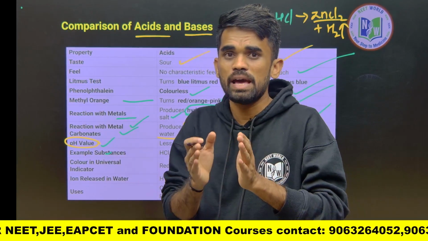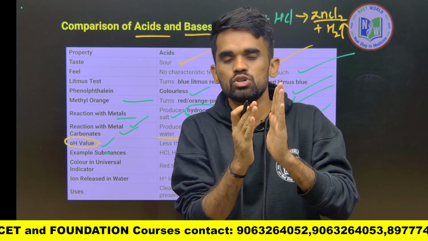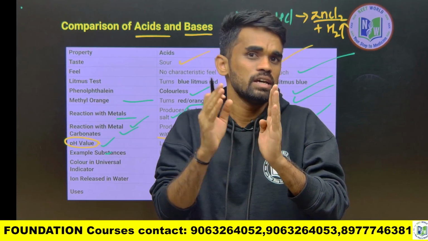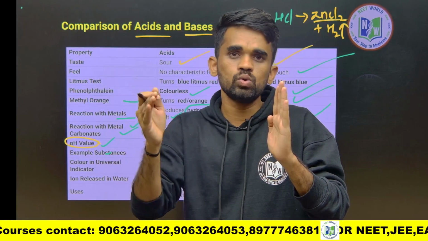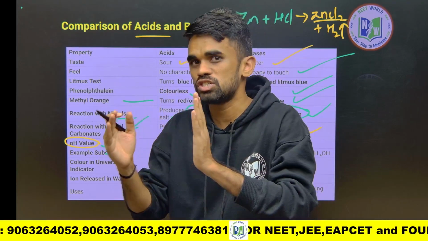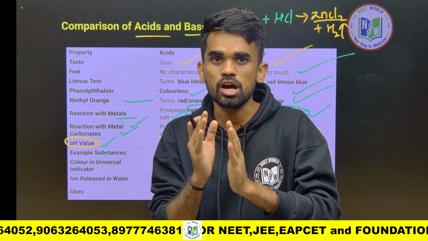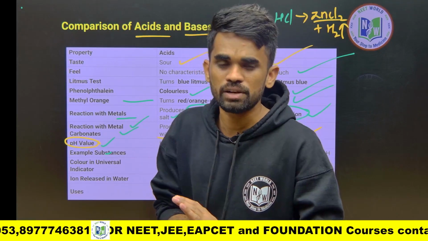Weak acids have a range near 7 but below 7, and strong acids have lower values, towards 0, like 1, 2, 3. For strong bases it is near 14, and this discussion is completely at 25 degrees Celsius.